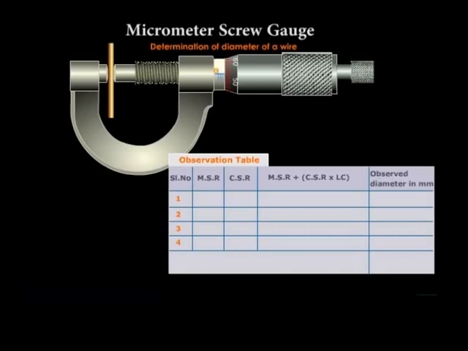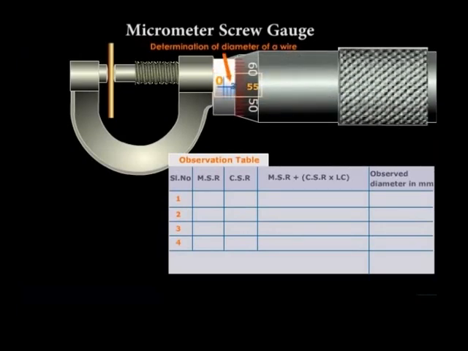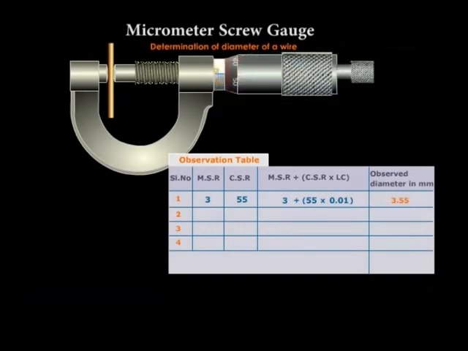Now I can take my readings. Main scale reading is 3 millimeters. Coinciding circular scale reading is 55. Then calculating 3 plus 55 times 0.01, I get 3.55 millimeters. No zero error, so this is also my true reading.